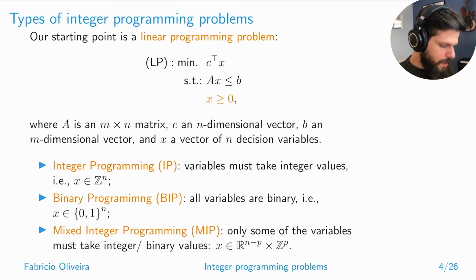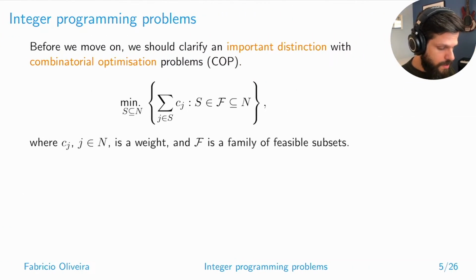One close relative to integer programs is the notion of combinatorial optimization problems. Mathematical programming is in general a language to represent optimization problems by means of mathematical models, and mixed integer programming plays this role for combinatorial optimization problems.